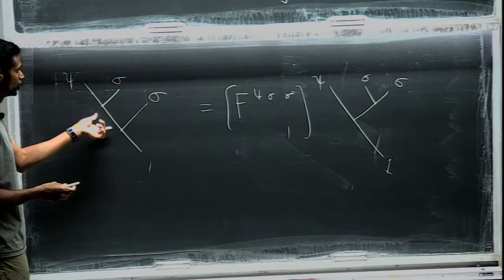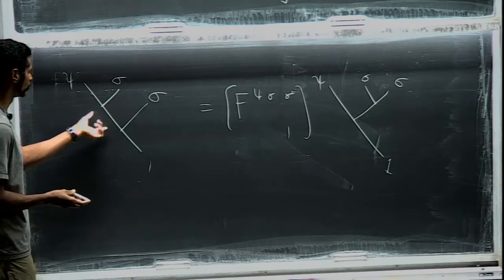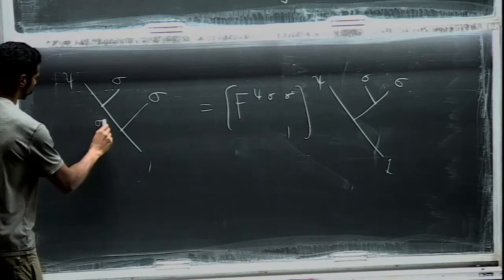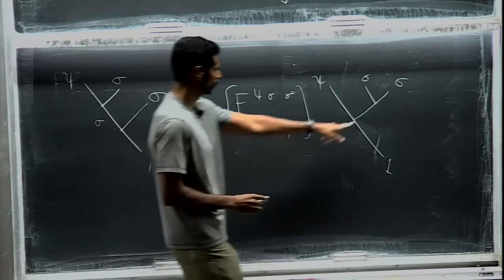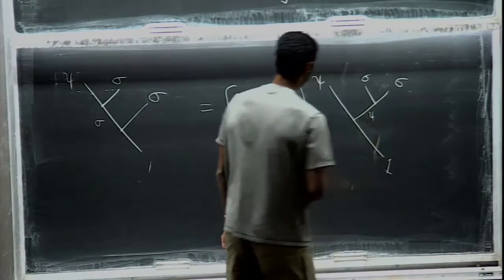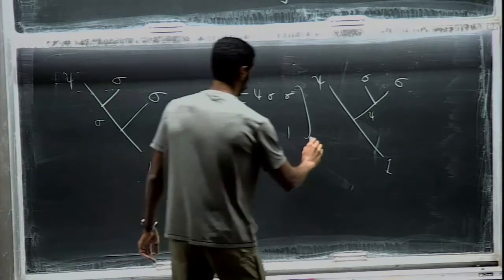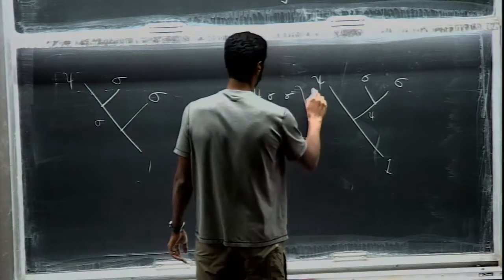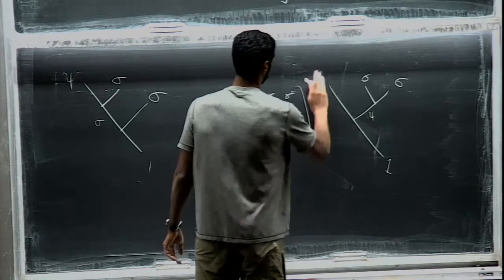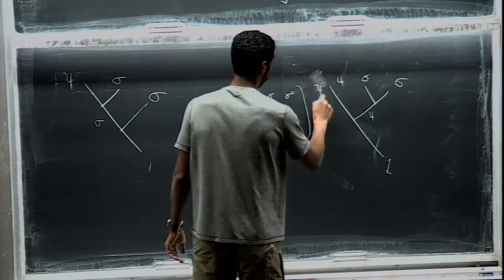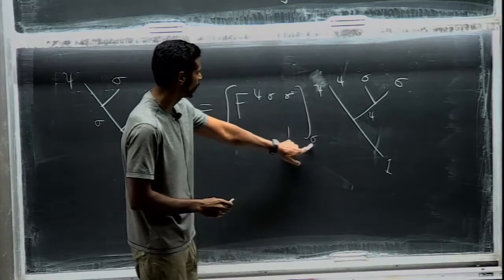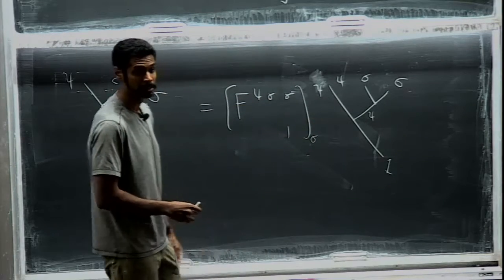However, most of those possibilities are 0 because the only thing that can appear here is a sigma, and the only thing that can appear here is a psi. So it's really a 1 by 1 matrix. If you want to write out the indices, it's a sigma here and a psi over here. The A and B indices, A has to be sigma and B has to be psi. And it's just a number.